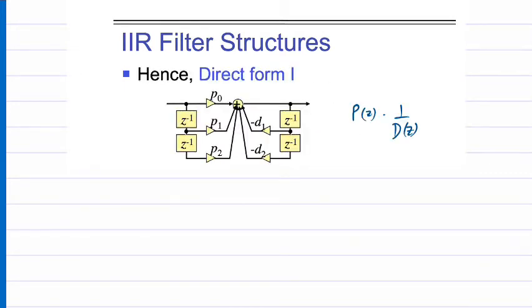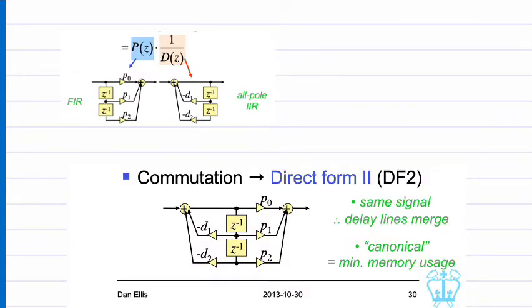This is my direct form 1, which is P(z) times 1 upon D(z). Now I can exchange P(z) and D(z) and make it 1 upon D(z) times P(z). Basically I implement the 1 upon D(z) part first and the P(z) part later. So the minus D1, minus D2 terms have come before, and the P0, P1, P2 terms come later.